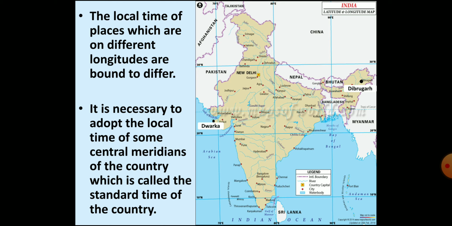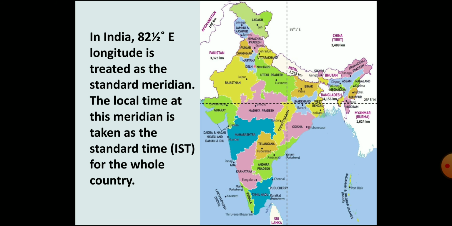Therefore, to avoid confusion, it is necessary to follow a standard time, which is usually taken as the time of the central meridian of the country. In our country, 82-degree 30 minutes east is taken as the standard time for the entire country. It is called the Indian Standard Time.